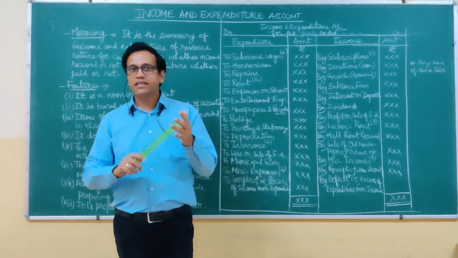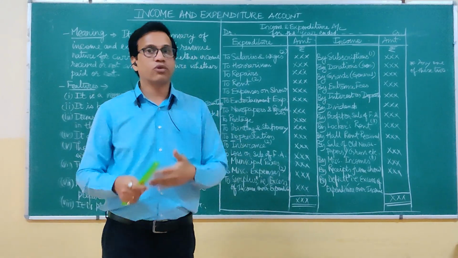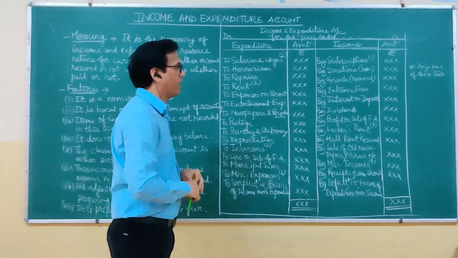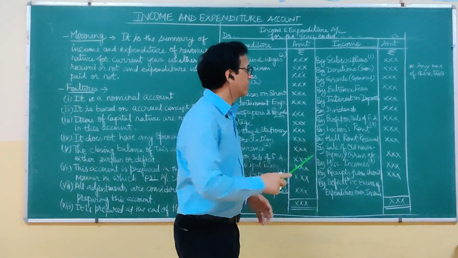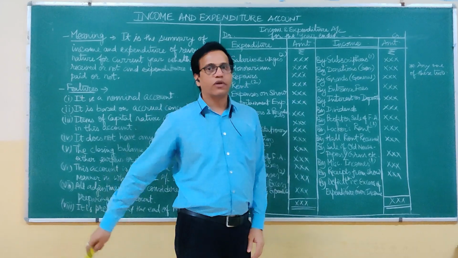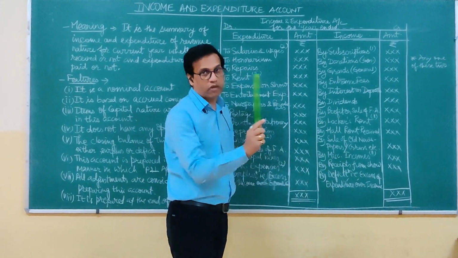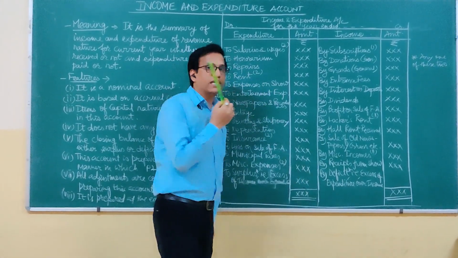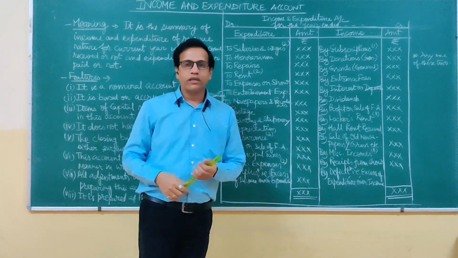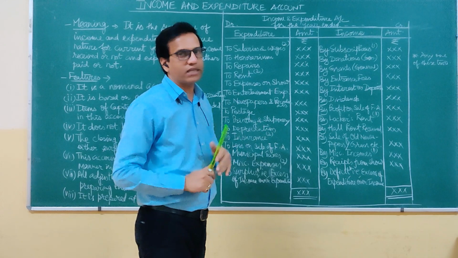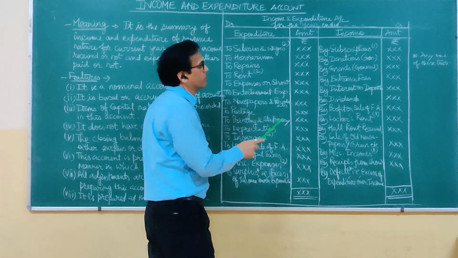If some assets, some part of assets or some old assets are sold, and because of that sale the organization earns some profit, that profit is taken here on the income side. Profit only, not the total amount. But in case of consumable items, or those items which are not our assets, when they are sold, then we take the whole amount.